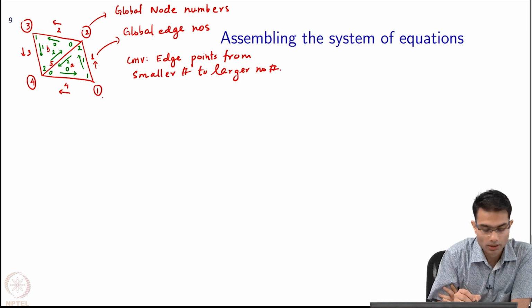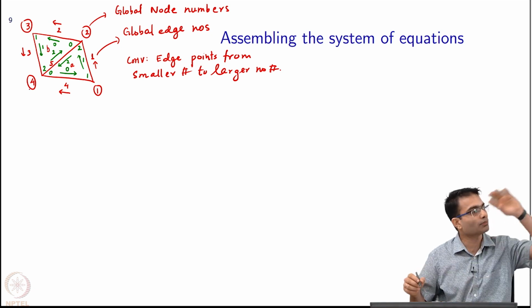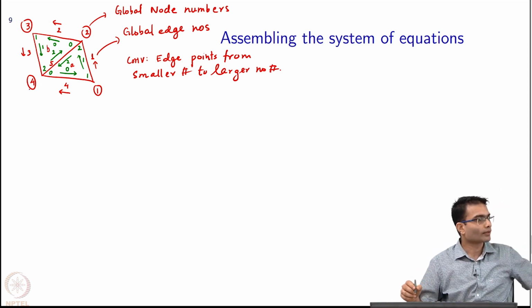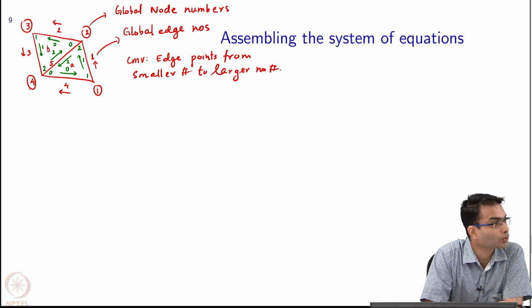So you see this edge number 4 is pointing from global node number 1 to global node number 4. The direction is from smaller number to larger number. So in 2 to 0 there is one local edge, right? 2 to 0, there is no 0 number over here in terms of the global nodes. Okay.